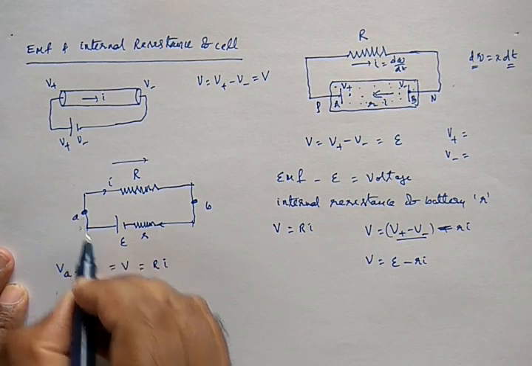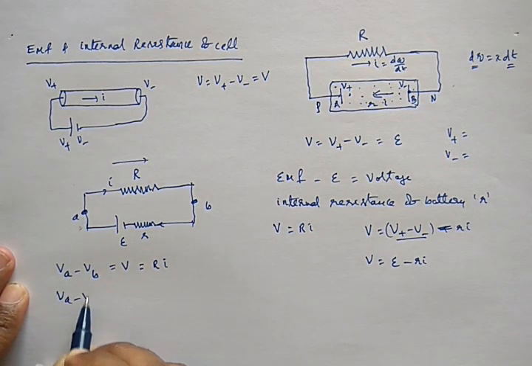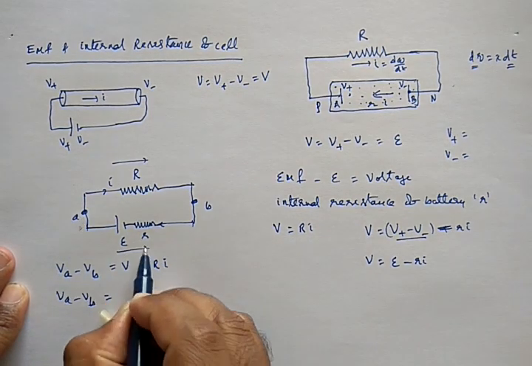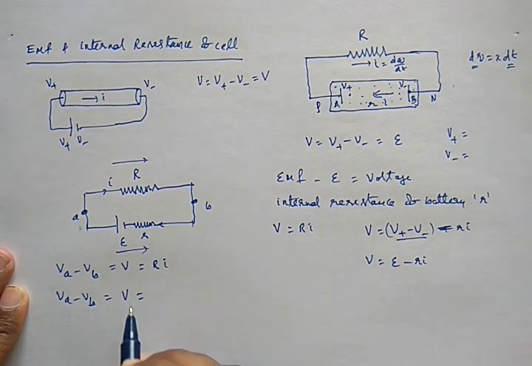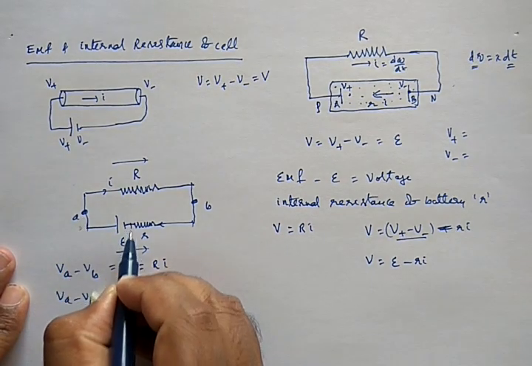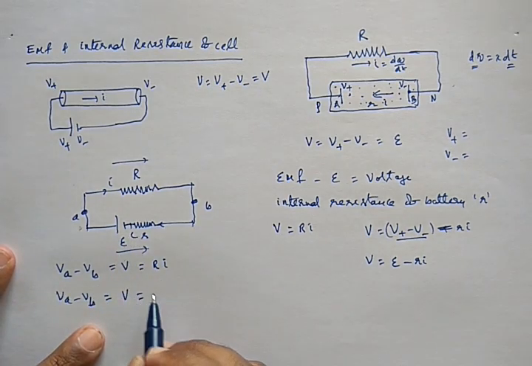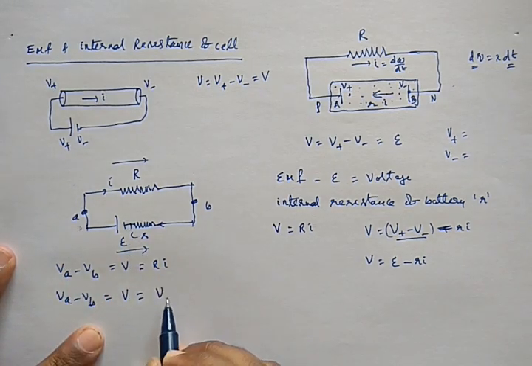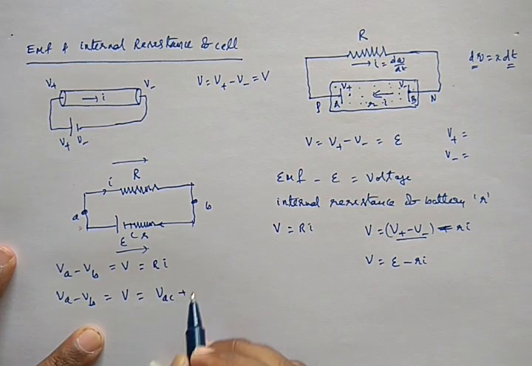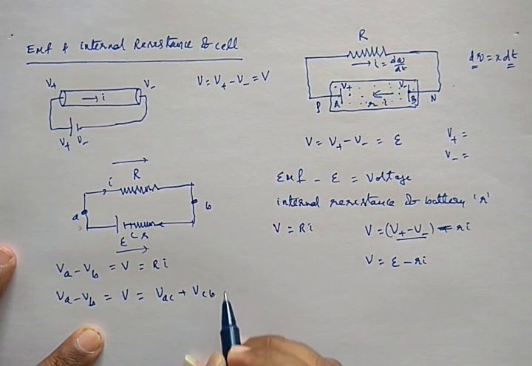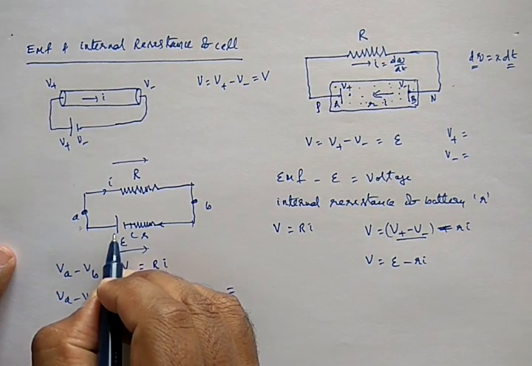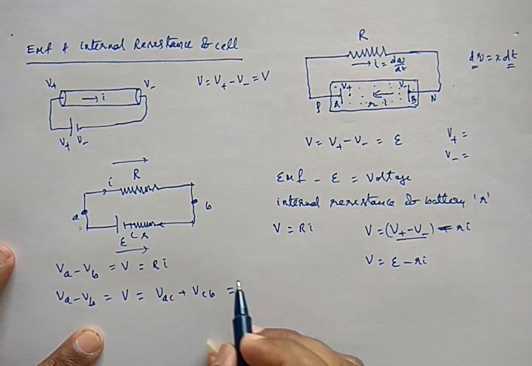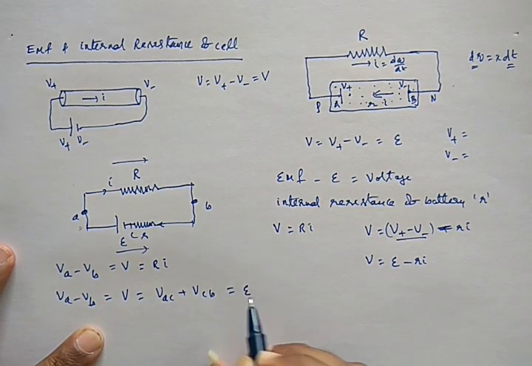So when you measure the voltage VA minus VB in this direction, that must be V, that will be equal to, let us take one more point here, C, voltage across AC plus voltage across CB. Then voltage across AC is, because this is V plus and that is V minus, the difference will be once again your E, that is EMF.